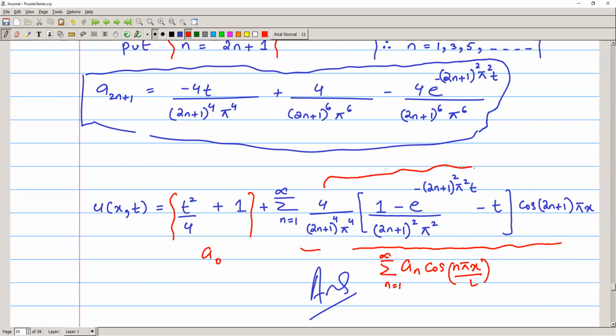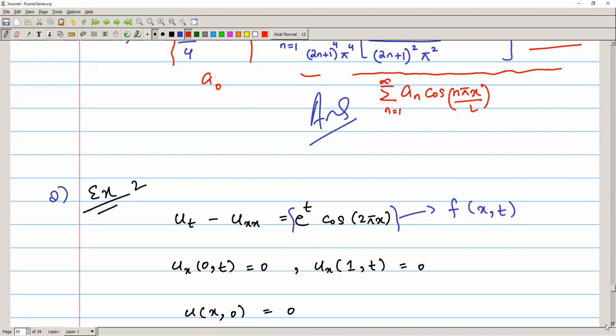This whole function is an, and then multiplied with the eigenfunction of this problem, that is cosine n pi x over L. So L is 1 in this problem, and for n we substituted 2n plus 1 because of the odd terms. Therefore, this is the final solution for this problem, right?